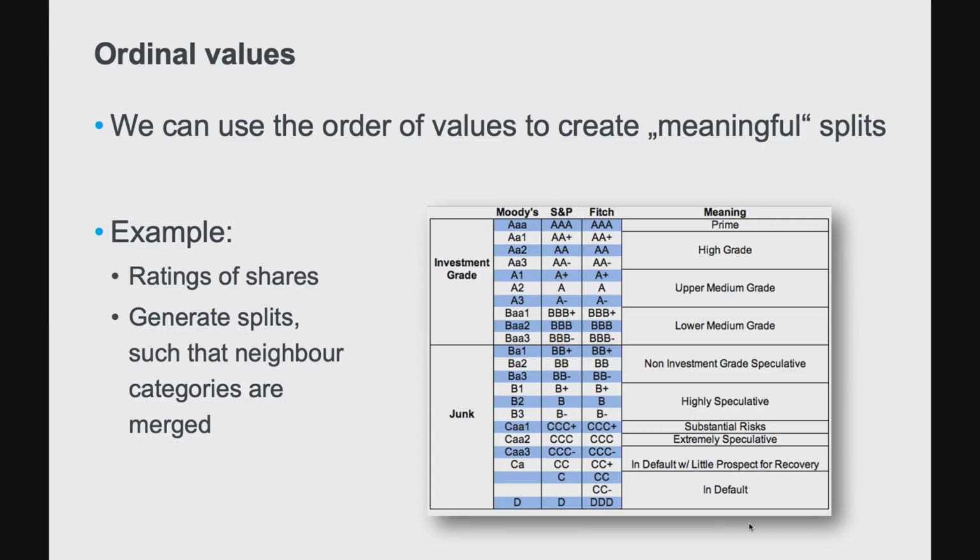If we have ordinal values, then we can use the order to create meaningful splits. So if we have stocks, or companies, and they are rated, then we could make some boundary between the better ones and the worse ones.